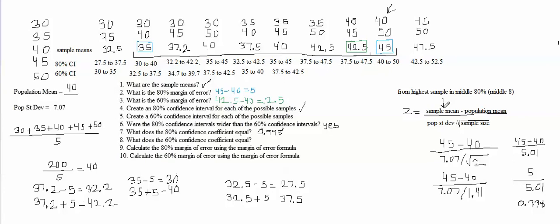So last time, the sample mean came from the highest sample in the middle 8, which was this one right here. That's what made it an 80% confidence coefficient. Now we want the highest one in the middle 6, which, remember, the middle 6 are everything except the lowest 2 and the highest 2. So the middle 6 ends at 42.5. And since it ends at 42.5, that's what we take.